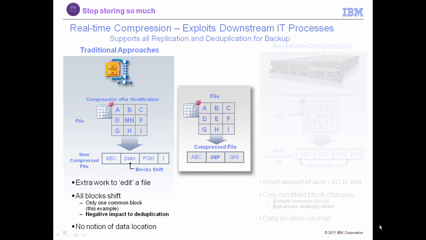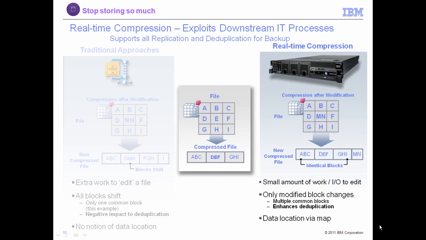What you see on the right-hand side is an example of how the real-time compression technology actually controls what happens inside the file and aligns very well to the deduplication technology. Just because the addition of mn was made in the middle of the file, in the compressed file it's added to the end of the file, and the middle block is actually flagged as an available block for additional storage upon the next write.